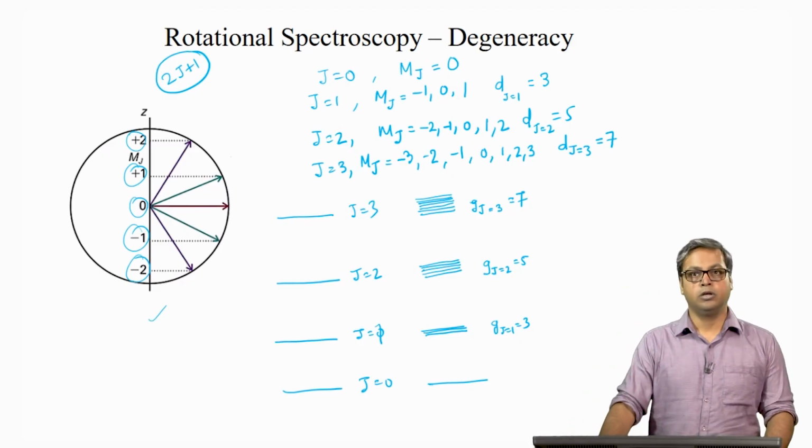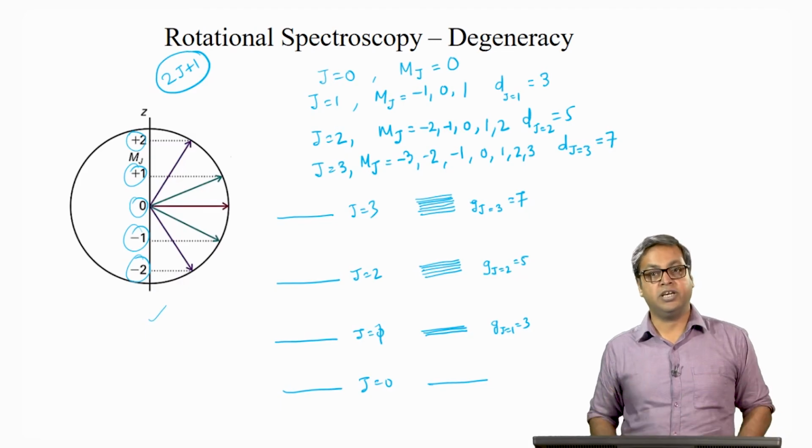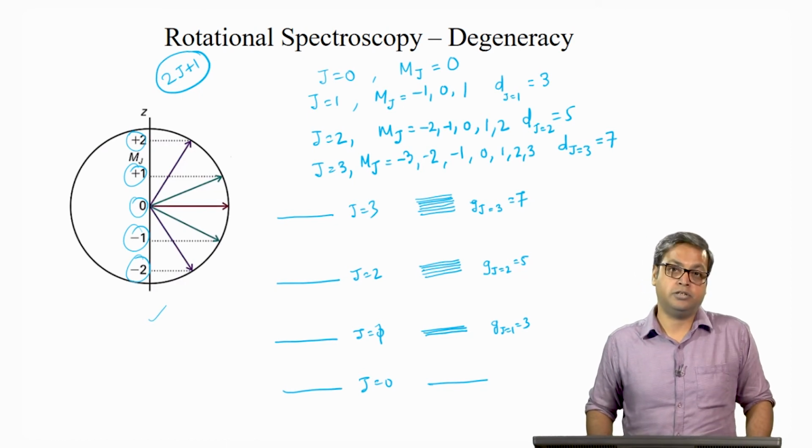So, we can say in general, the degeneracy g_j is 2j plus 1 fold degenerate.